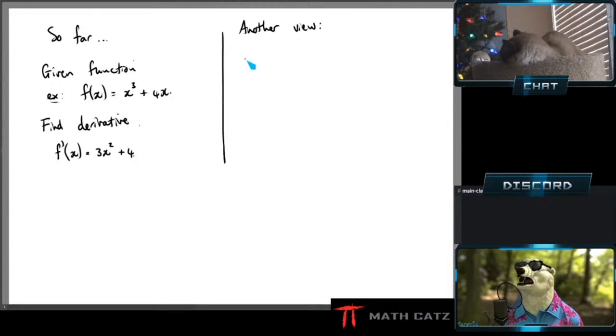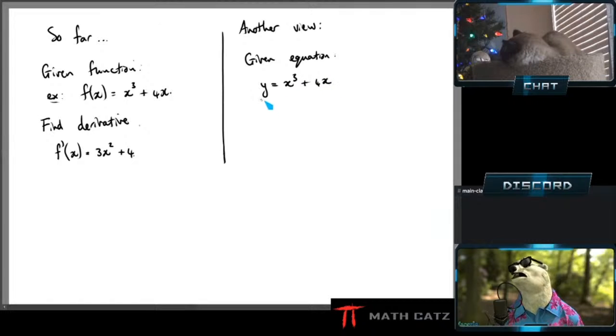Instead of looking at this as a function, if you go way back to the very first introduction lecture where we talked about functions and equations, I said that I could look at a function as an equation.